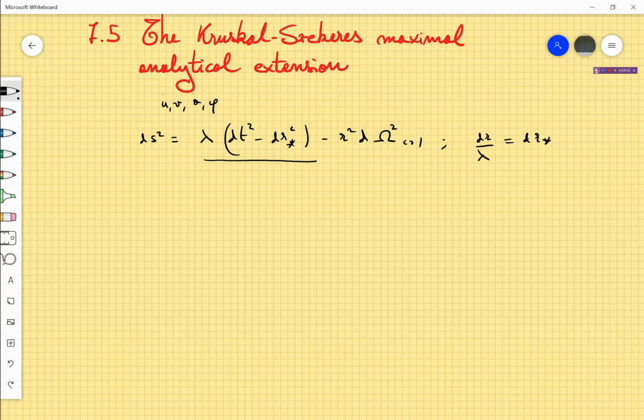Then we remember what was the definition of u and v. v was defined as t plus r star, and u was defined as t minus r star. So the differentials are as you expect, and this automatically is du times dv.